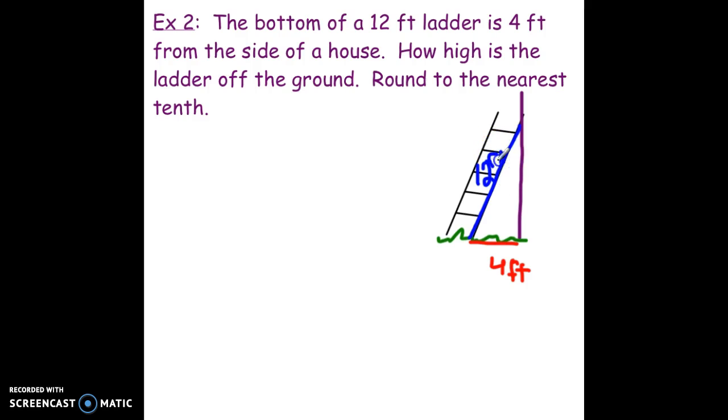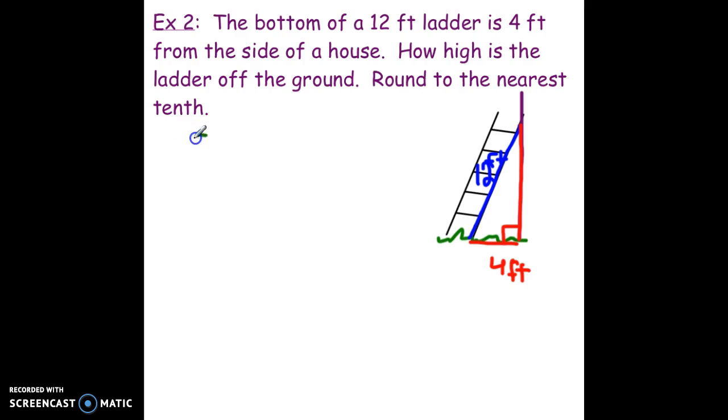We are looking for how high this is off the ground. So I'm looking for this distance right in here. Hopefully your house was constructed well. If it is, this is going to be a right angle with the ground. You don't have walls that are leaning.